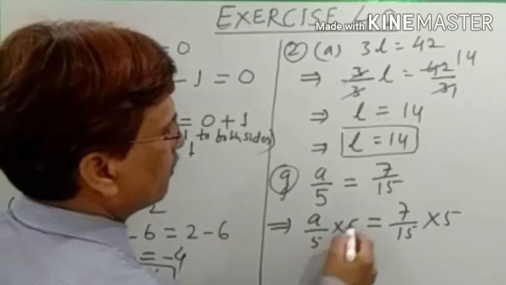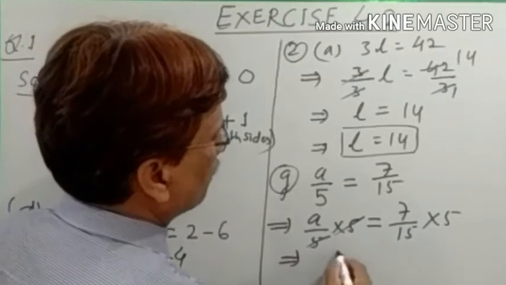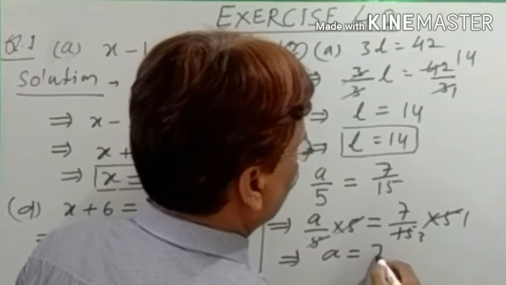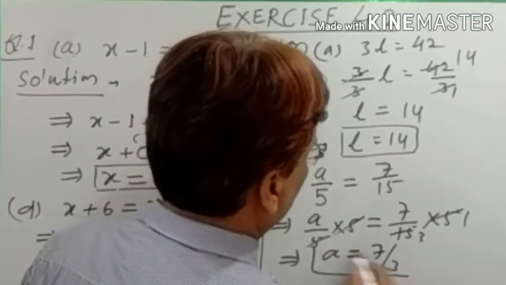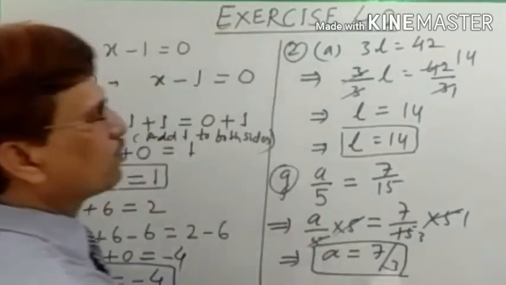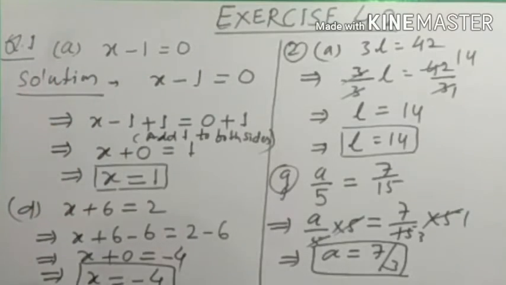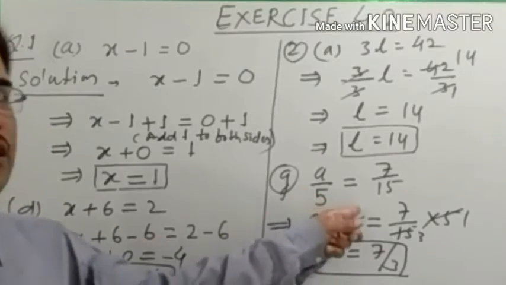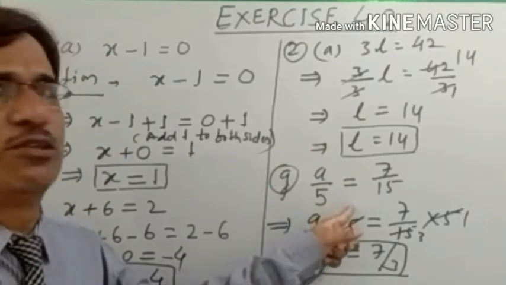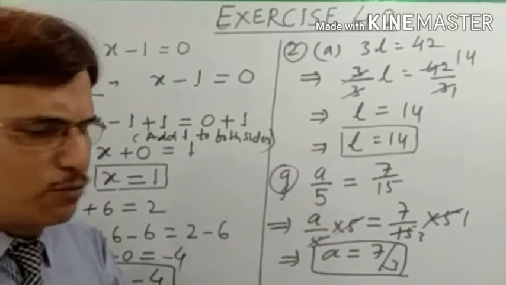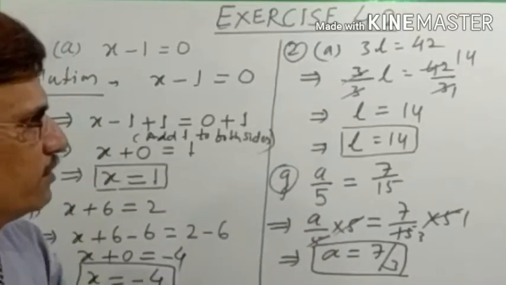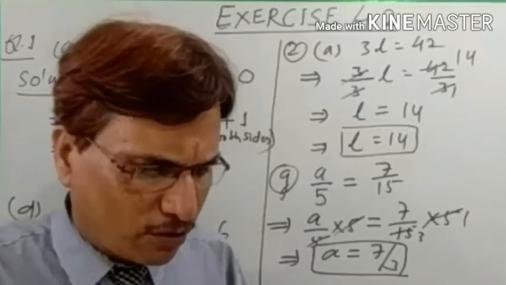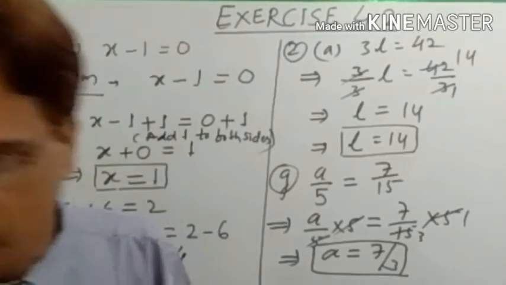Okay. Answer: A is equal to 5 times 1 is 5, 5 times 3 is 15, 7 upon 3. 7 upon 3 is the solution of the given equation. Students, you can do other questions same as A and G. Okay.